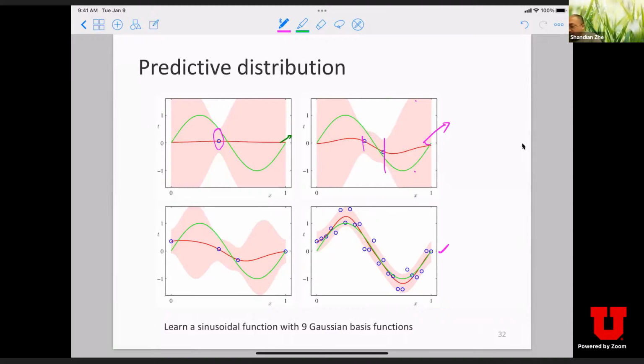That's what the last figure shows. Any questions so far? Is everyone comfortable with this? Okay.